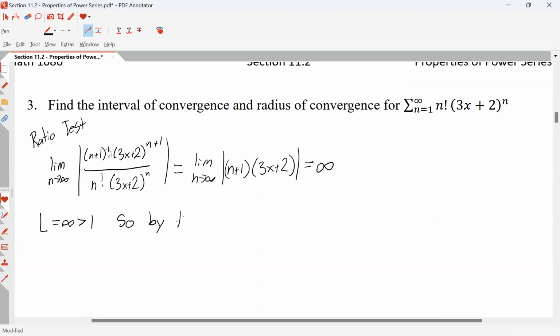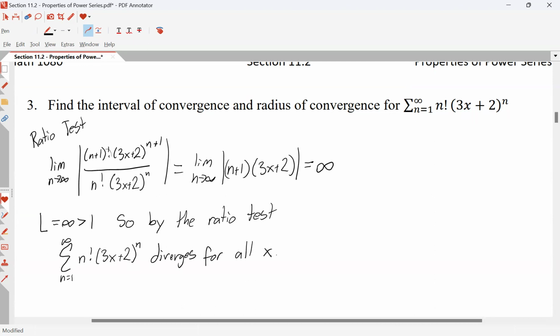So by the ratio test, the series n equals 1 to infinity, n factorial 3x plus 2 to the n diverges for all x. Does not matter what x I plug in, except it matters a little bit.